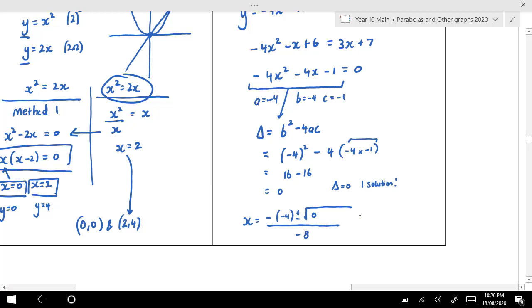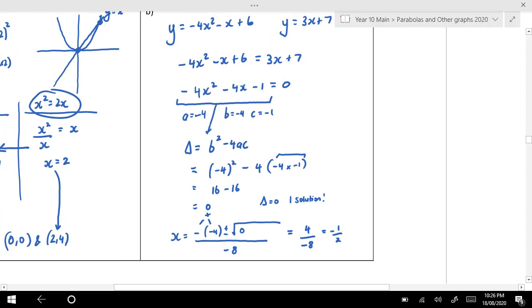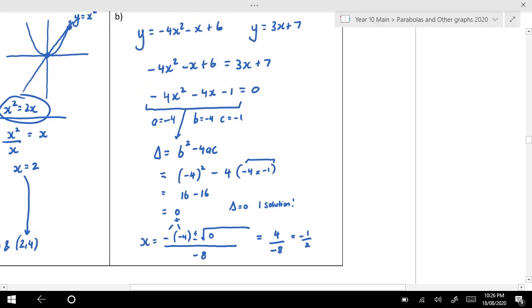Okay, so this isn't going to be so bad. We're looking at the value of 4. The top is a negative times a negative, which is a positive. The square root of 0, we don't have to worry about because it's just 0. And as you can see, that's going to be 4 over minus 8, which is minus a half. Now, when x equals minus a half, we can throw that into either one of those equations.